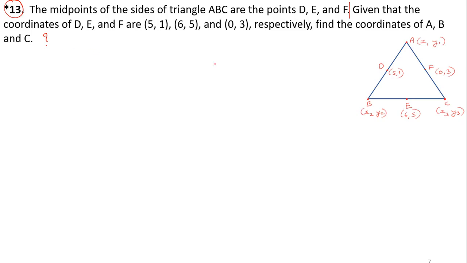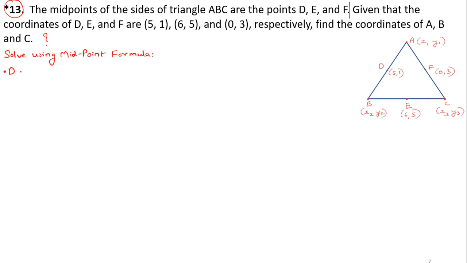Now this D point, E point and F point are the midpoints of these sides. So we will use the midpoint formula. Solve using midpoint formula. Now first we will solve for D point.